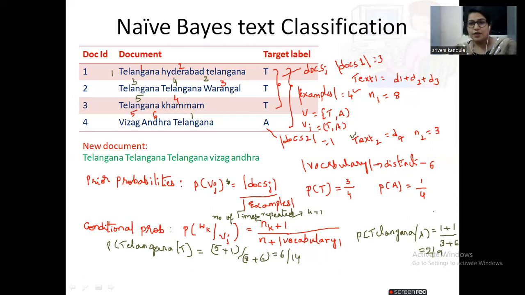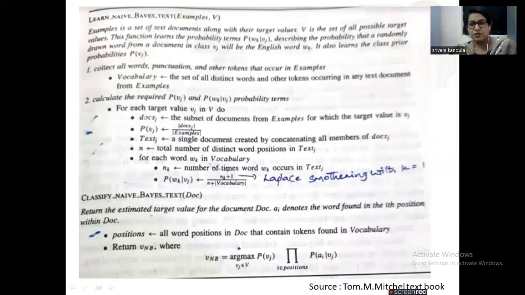I have just tabulated all these values for your quick reference. So this is the algorithm that we are going through. If you observe the algorithm, we have the training part, followed by the classification. In the training or learning part, first of all these values are computed and the data is prepared.